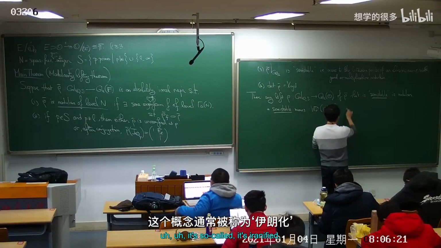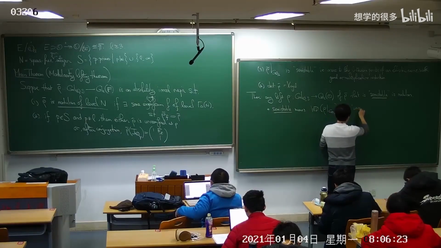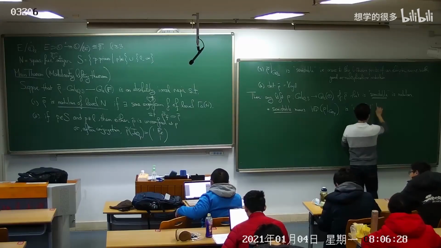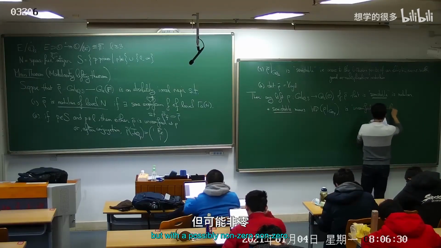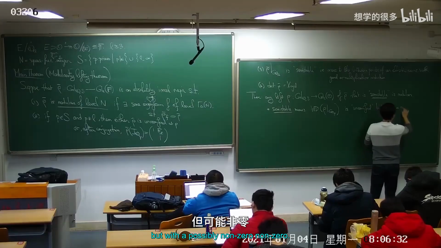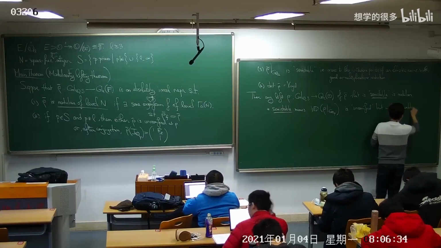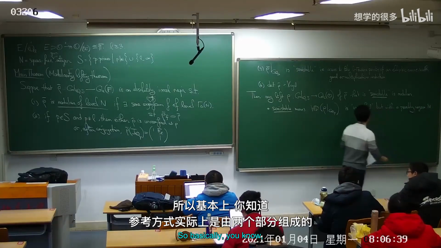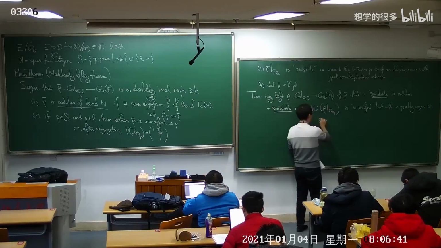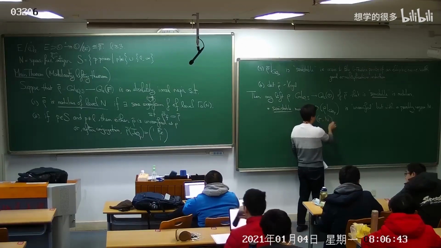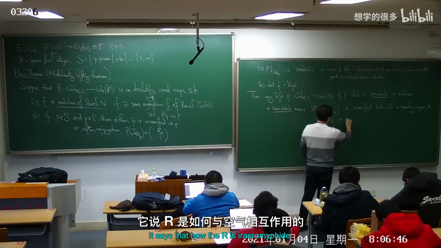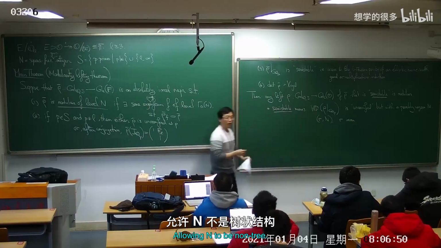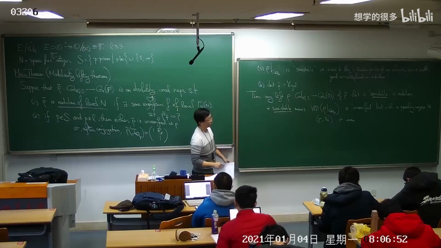It's so-called unramified, but with a possibly non-zero N. So basically, the Weil-Deligne representation has two parts. There's a representation and there's N here. It says that the representation is unramified, allowing the N to be non-trivial. The nilpotent operator.